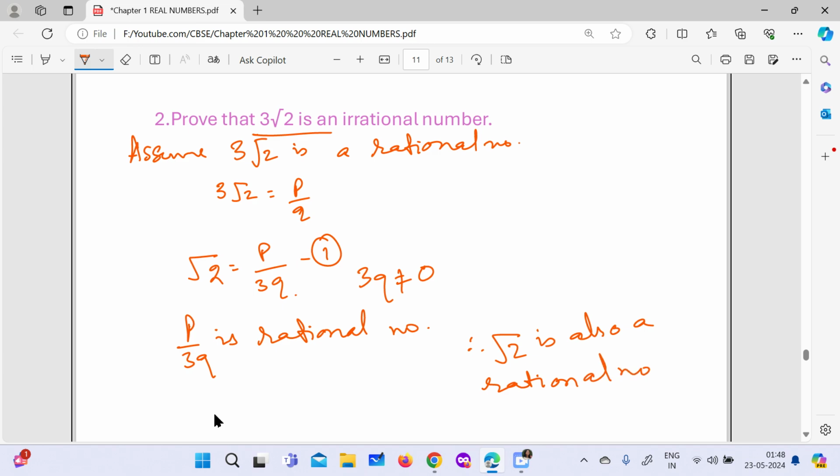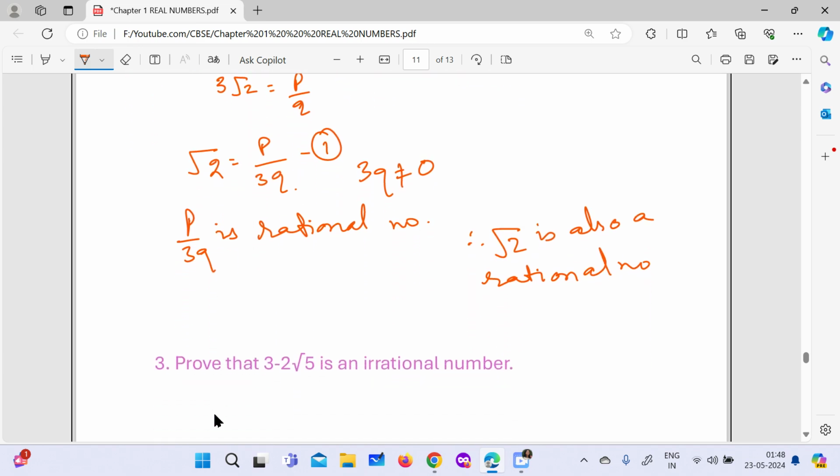But we already know that root 2 is an irrational number.